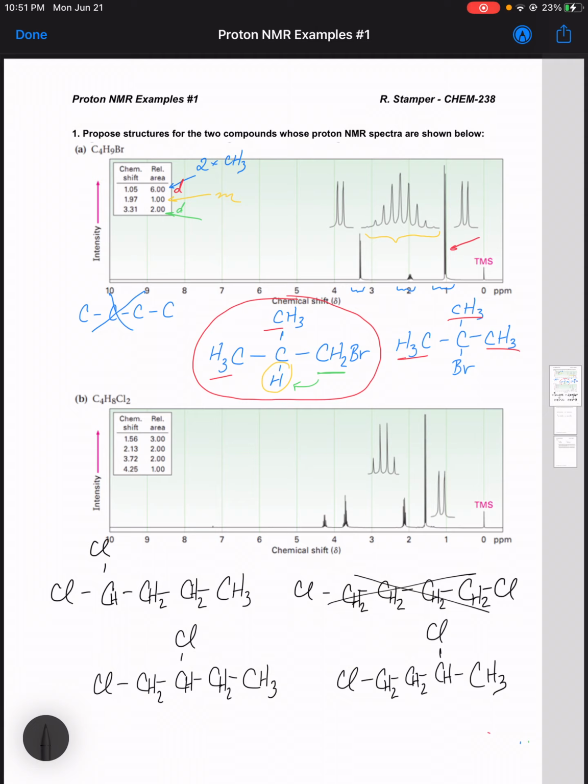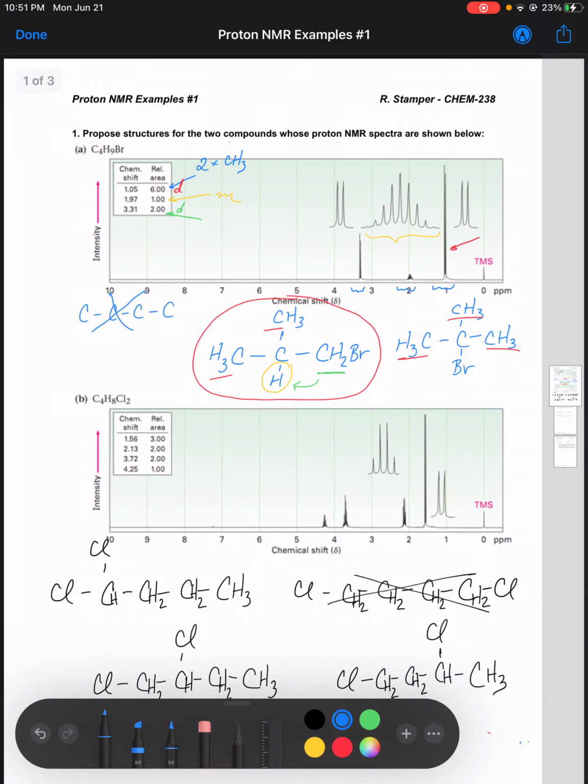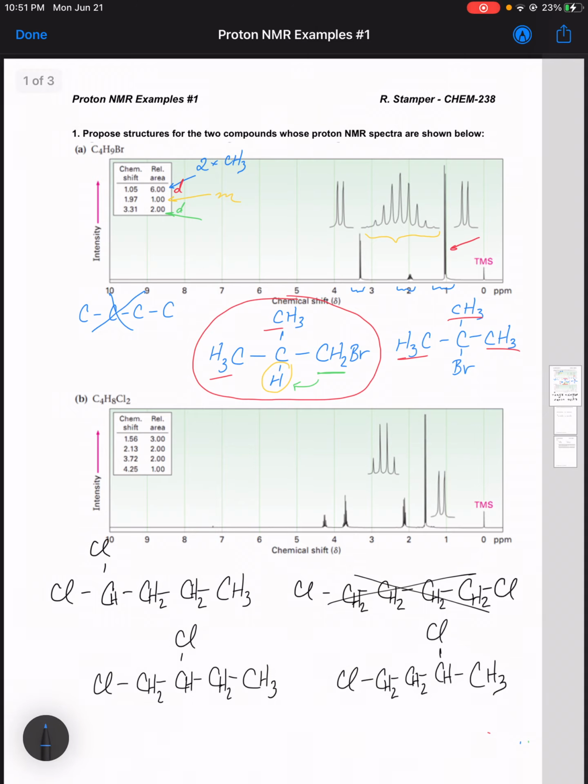Now we want to look at our integrations to see if that can help us out. Again, we see all of our hydrogens are represented. We have 8 total. I'm going to translate these numbers over to the diagram so that we can look at them. My peak at 1.5 is a 3 hydrogen peak. My peak at 2.1 is a 2 hydrogen.